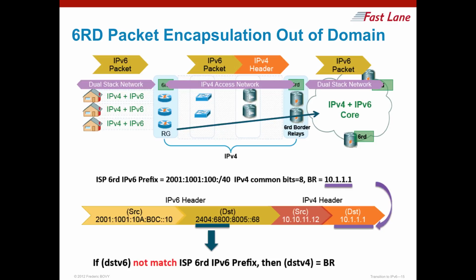The border relay is going to forward the traffic to its IPv6 destination, and it will also receive the traffic coming back and will encapsulate it again in IPv4 to reach the residential gateway using the IPv4 access network of the service provider.